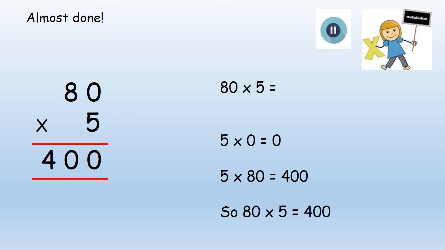Almost done now. This is another one that you could probably do quite easily in your head. It's 80 times 5. First of all, 5 times 0, which we know is 0, and then 5 times 80. Let's do 8 fives are 40. 10 times bigger using our place value makes 400. So 80 times 5 equals 400.